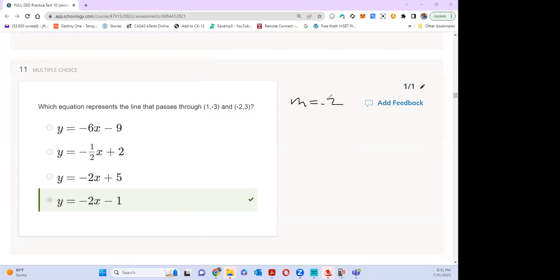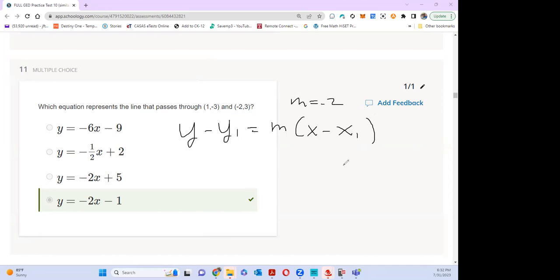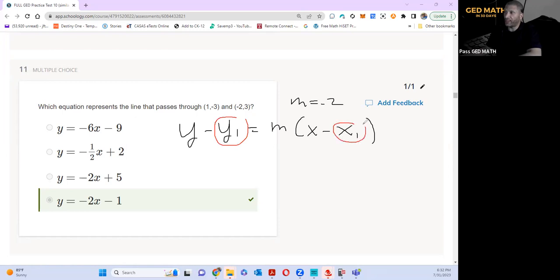If we look at the point slope formula, it's confusing. Again, this x1 and y1 comes from your point, from your first point.